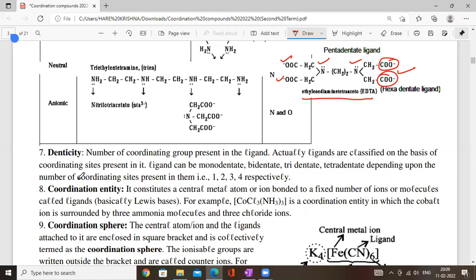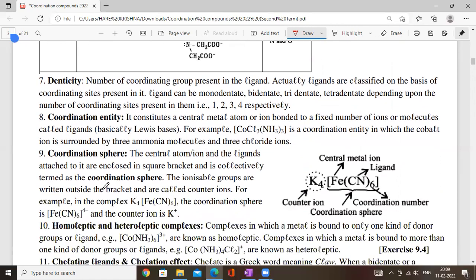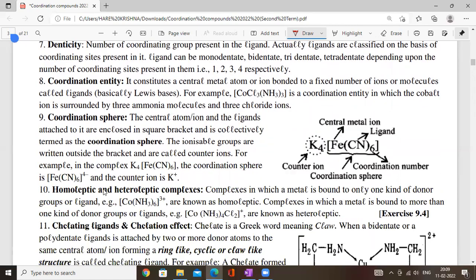Next, I think I have already discussed coordination entity with you. A coordination entity basically consists of a central atom surrounded by a fixed number of ligands, which are basically Lewis bases. Examples we have already done. Then we have the coordination sphere. It again has the central atom or ion, and the ligands attached to the central atom are enclosed in a square bracket, collectively termed the coordination sphere.